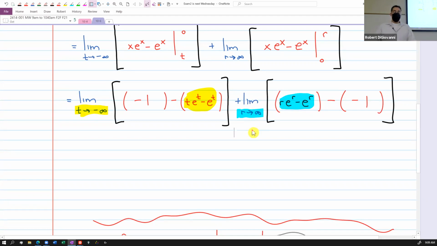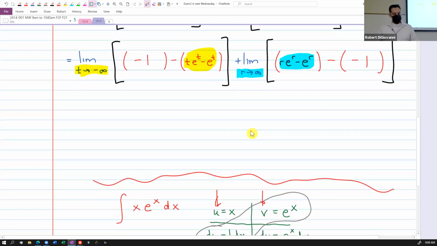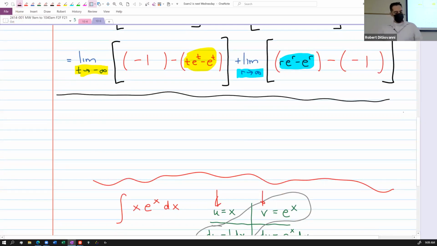So let's just think about this. Maybe I'll do this again. This is kind of like separate work, I'm trying to fit it all on one page. If I take the limit as t goes to negative infinity of t e to the t minus e to the t, what happens? So think about this.